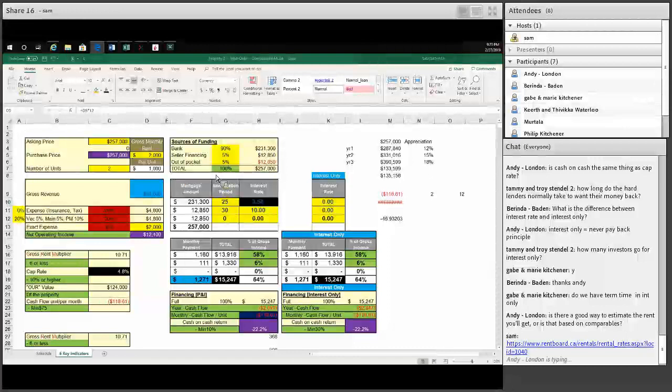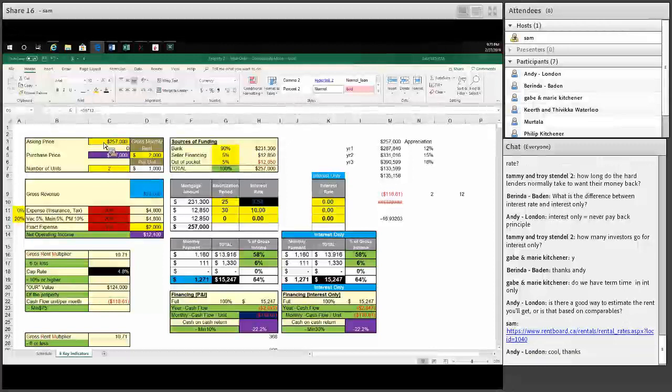So you can grab this right here for market rents. Everybody can grab that. This one you're going to see apartment rental rates in Vancouver. This is rentalboard.ca. Click on that, and you'll see the market rents for the type of properties in Vancouver. This is an example, so everybody can grab that link, okay?